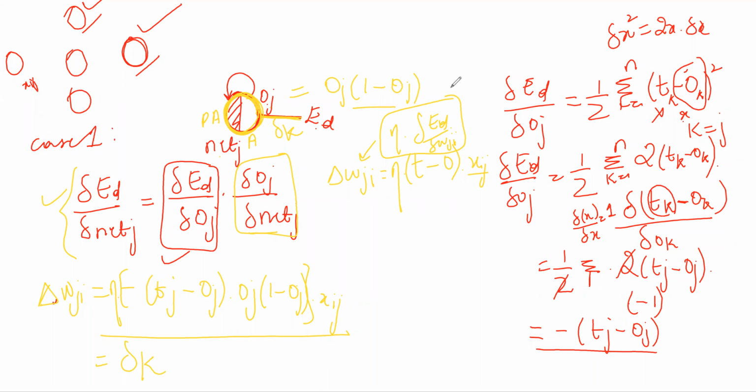So when I have to code backpropagation in MATLAB or Python, I will directly write delta Wji equal to the learning rate into minus (Tj minus Oj) into Oj into (1 minus Oj) into Xij, which is directly given by delta K. I will just take these values and give them in the direct coding.